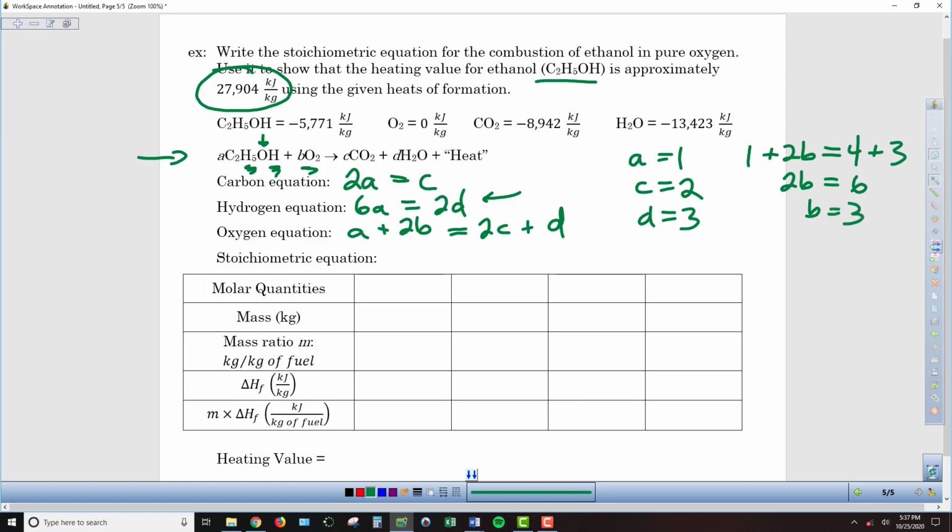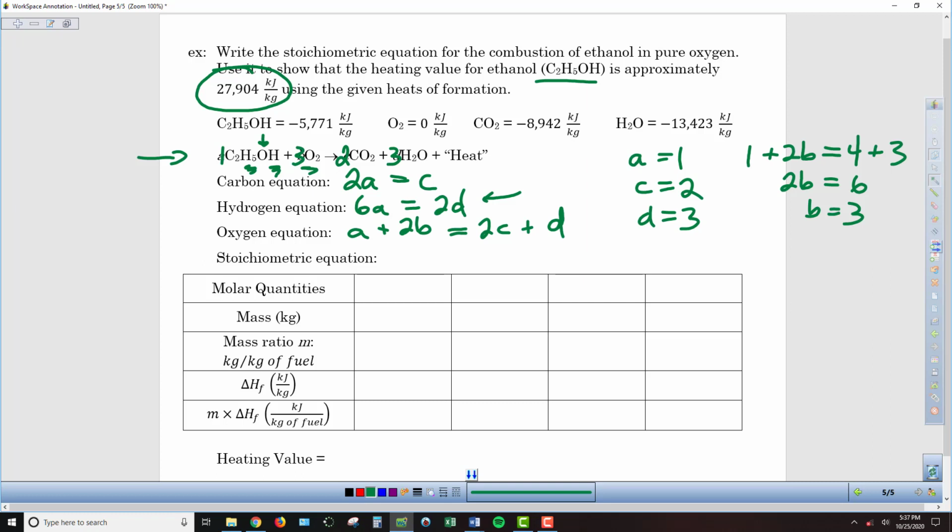So now we have our balanced equation where we've got 1 ethanol plus B is 3, so 3 oxygen yields 2 carbon dioxide and 3 water plus the heat.